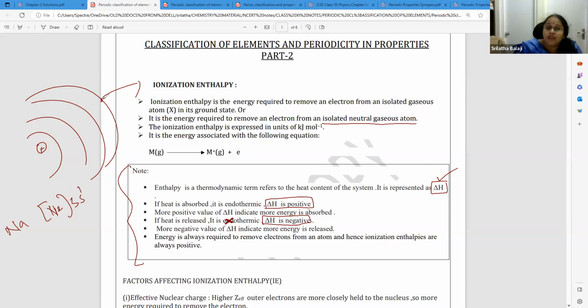The nucleus shows its attraction over the valence electron. The electrostatic force of attraction will be there on the valence electron. So the atom cannot lose the electron on its own. Otherwise, no atoms would exist. Everything would become ions.